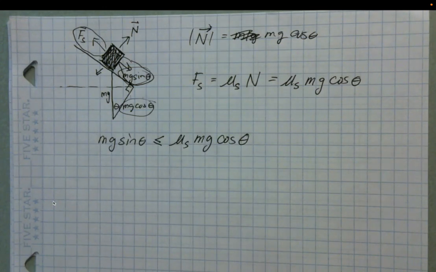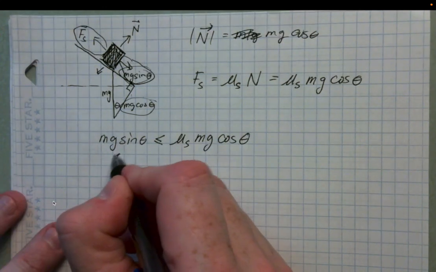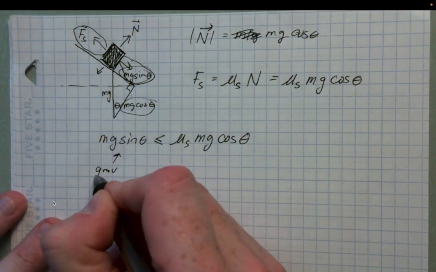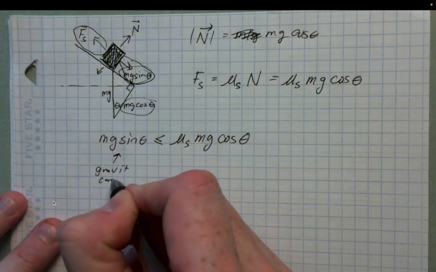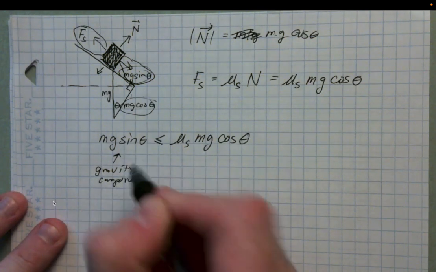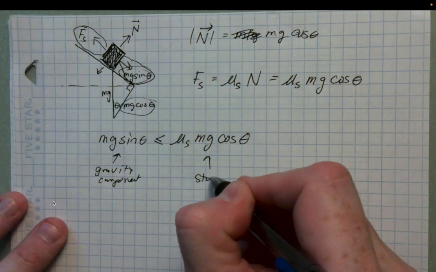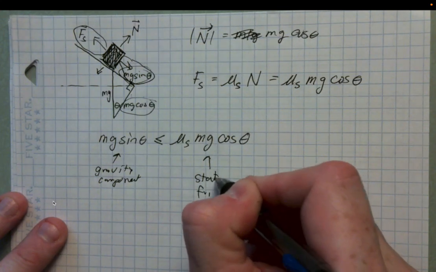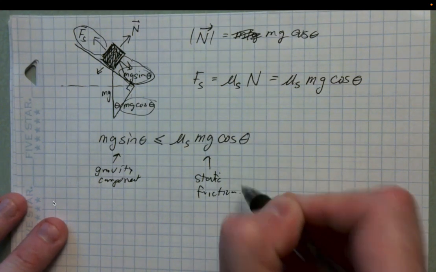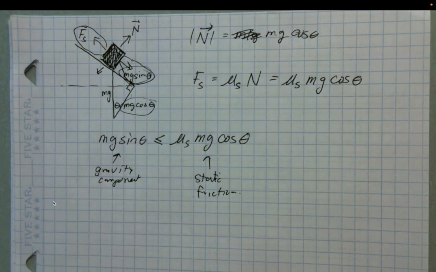This is the gravity component, and this is static friction. So you've got these two parts.